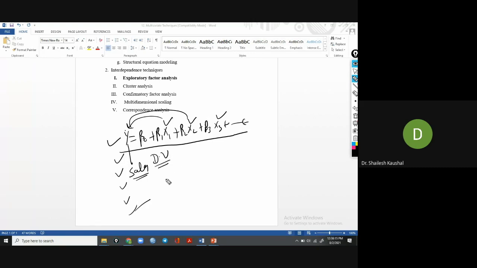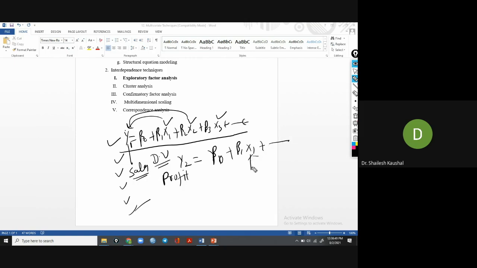If I want to find the relationship with profit, profit is another dependent variable, y2, and I simply write beta 0 plus beta 1 x1 plus and so on.